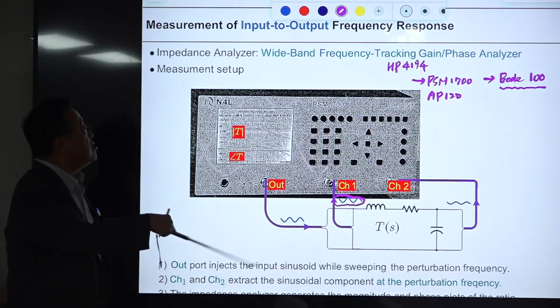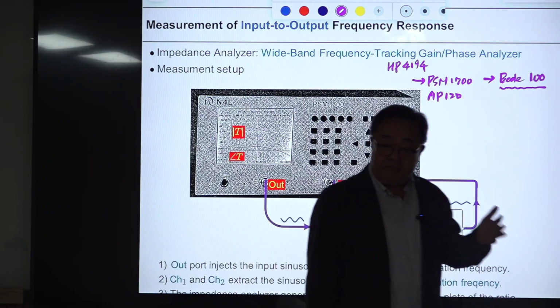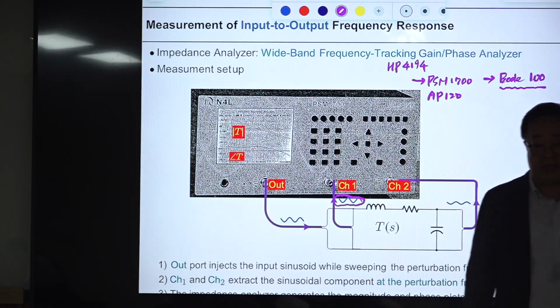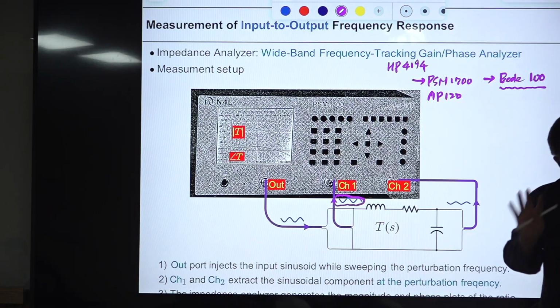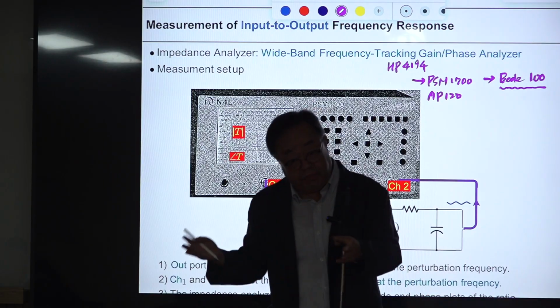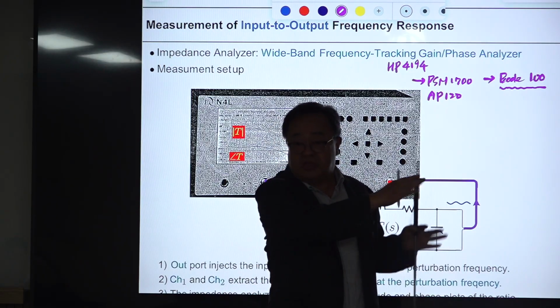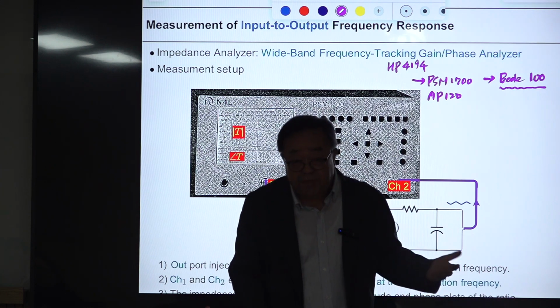So we'll be using this equipment to measure the linearized transfer function of a nonlinear time-varying PWM converter. It really doesn't matter if there is just some digital control or digital board. Still, you can measure the frequency response in the Bode plot.